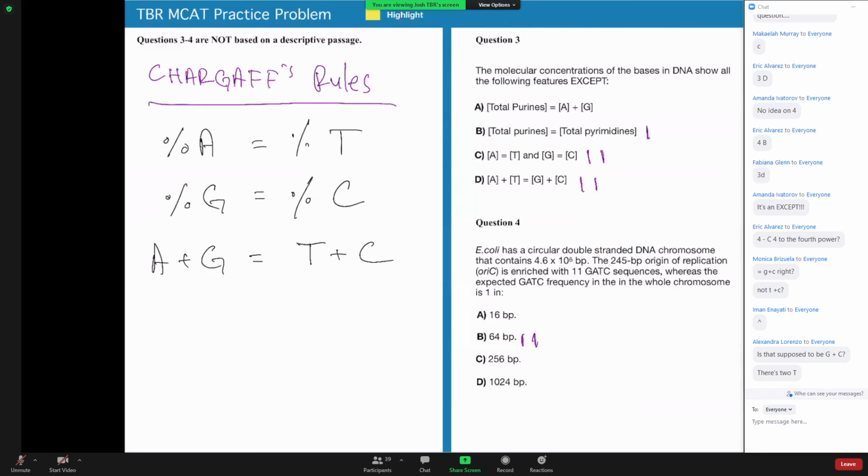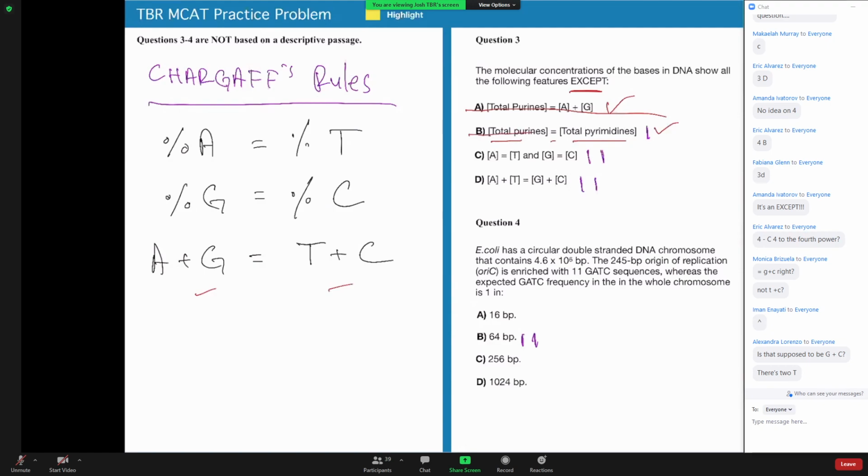So total purines equals A plus G. That checks out, so this is correct. And because it's an accept question, you can just cross it right off. Does total purines equal total pyrimidines? A plus G is equal to C plus T. Check, check. So this is correct.